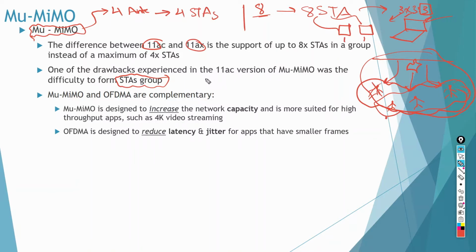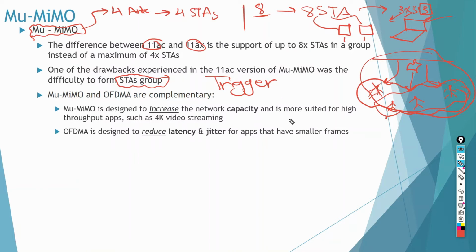In 11AX, the latest standard introduced the trigger frame, a specialized frame, as we have discussed. It includes a lot of information related to triggering multi-user transmission, whether in the uplink or in the downlink.